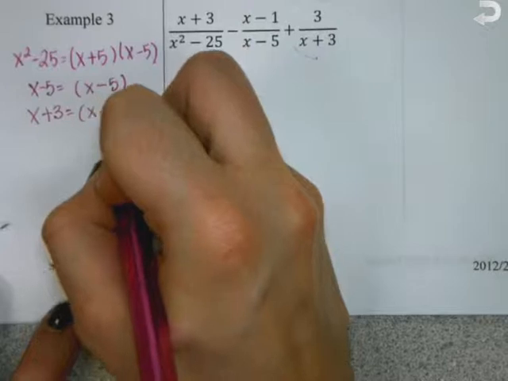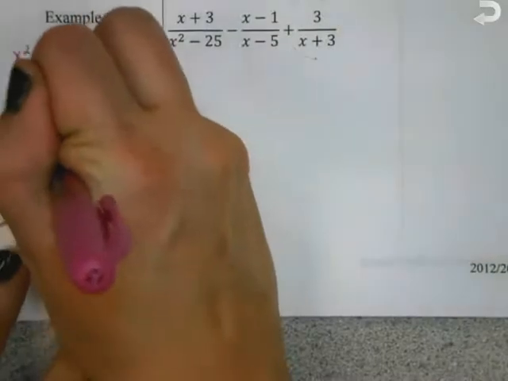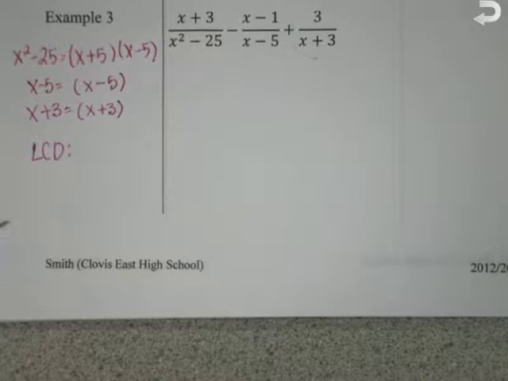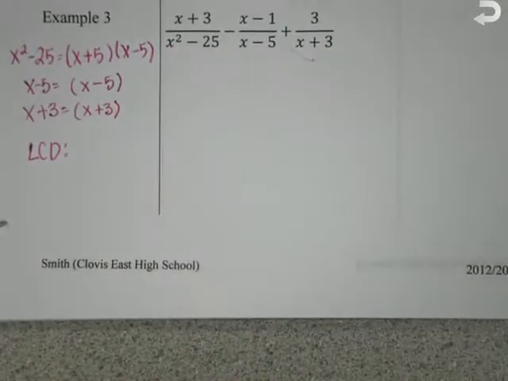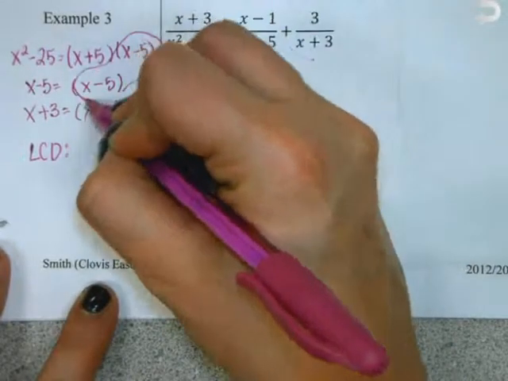So we're trying to find the lowest common denominator that all of those denominators can be multiplied into. So the first thing we need to look for is if there's anything in common. Do you guys see anything in common in any of these? Yeah, 2 of them have x minus 5. How many times do we have to write it? So write it once, x minus 5.